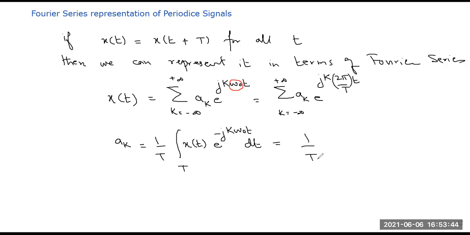Or in a similar manner, I can also write this equation in terms of period, that is e to the power minus jk 2 pi divided by capital T into t. So these are two equations that we have covered in our previous lecture.